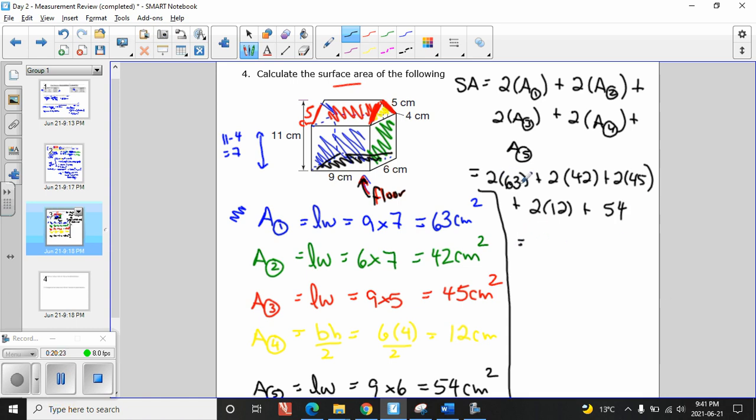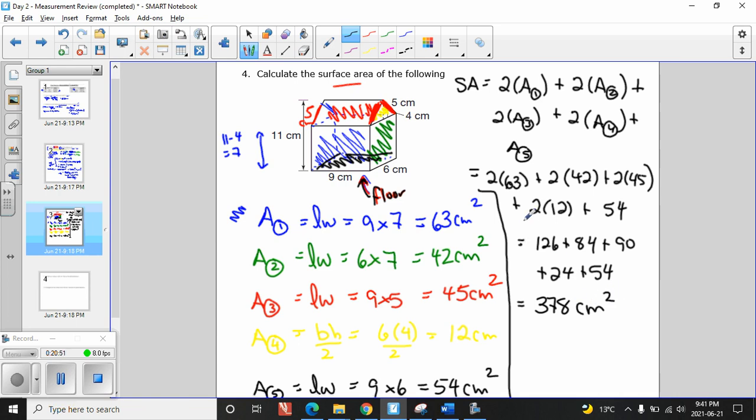So I did all the multiplying first to get 126, 84, and 90, and 24, and 54. And then finally you can add those all together to find the total surface area, which is 378. And the units here, this is all in centimeters, so centimeters squared.